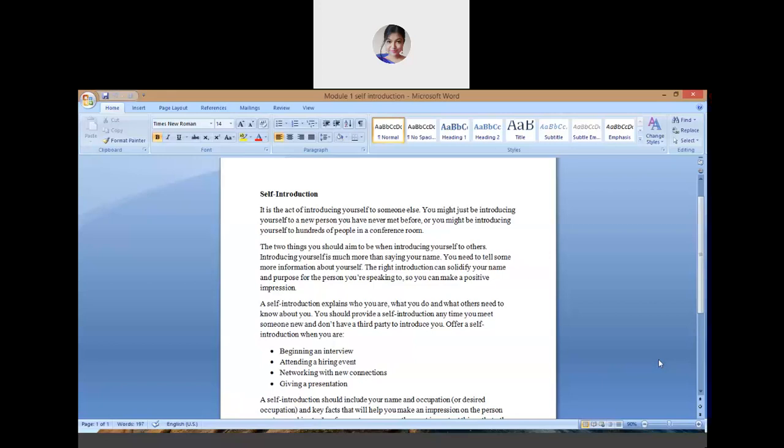And these are the situations when you give your introduction: when you meet someone for the first time, when you face any interview, when you are introducing yourself in a formal event, when you are giving any kind of presentation, when you are networking with someone. In these kinds of situations you have to give your introduction, and this is how you are supposed to give it.